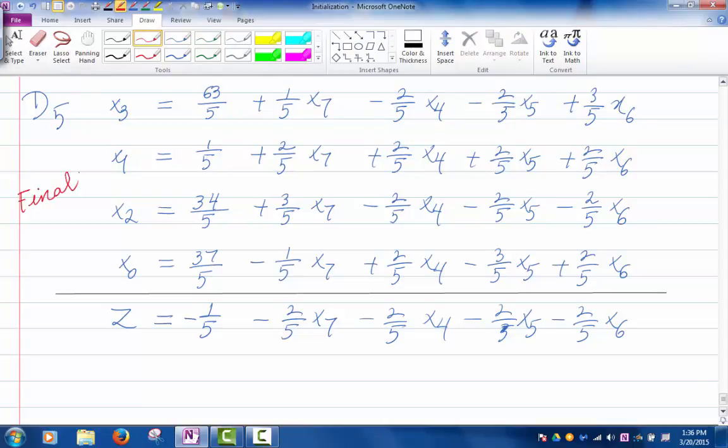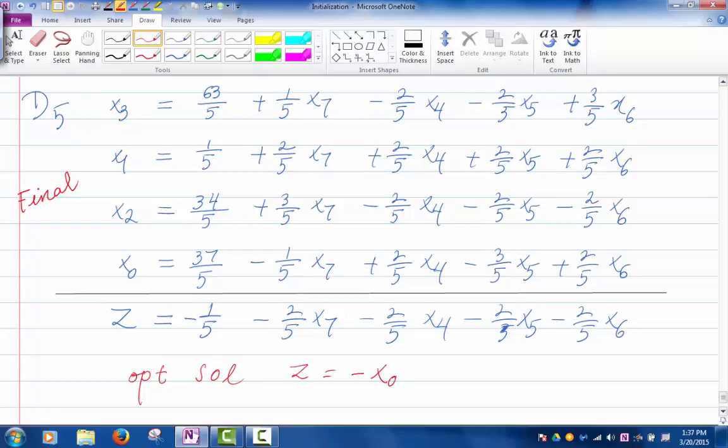Remember what we said, the auxiliary is always feasible and bounded, so it has an optimal solution. And what's the optimal solution? So remember, we were trying to maximize negative x0, right? So the objective here, z, was negative x0.